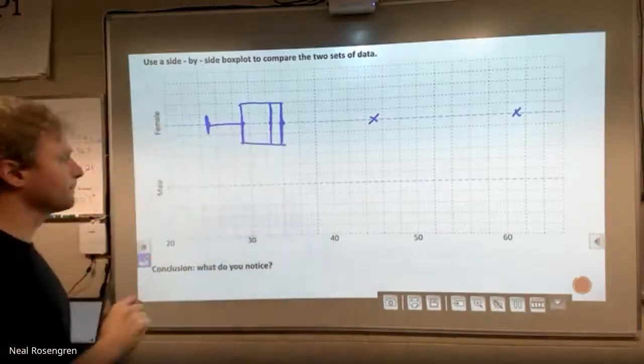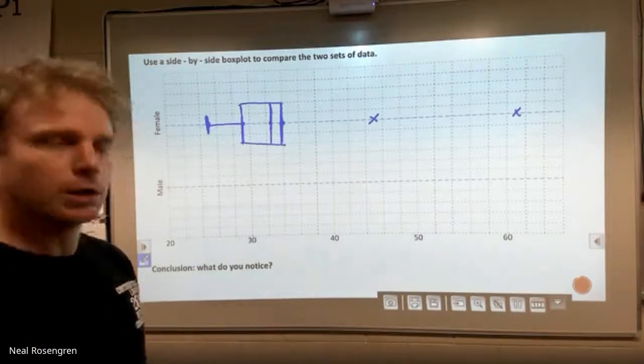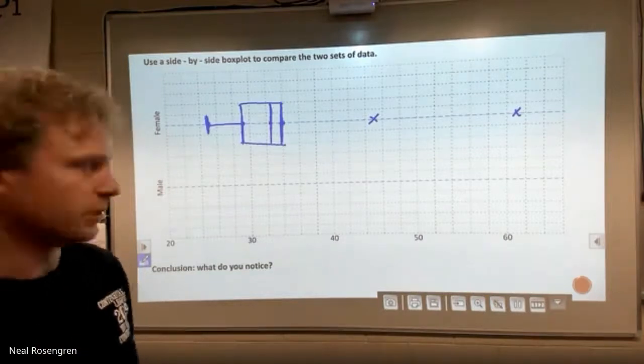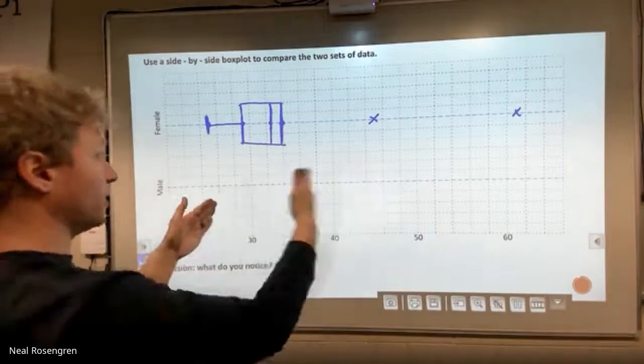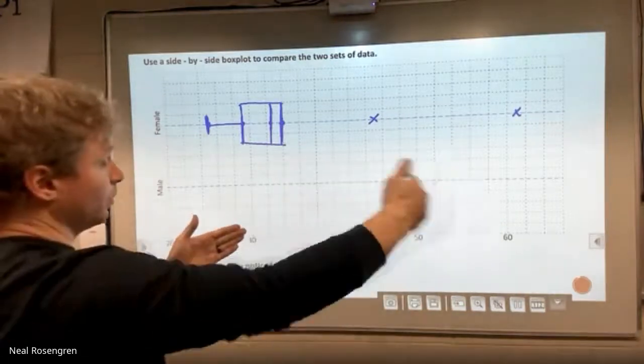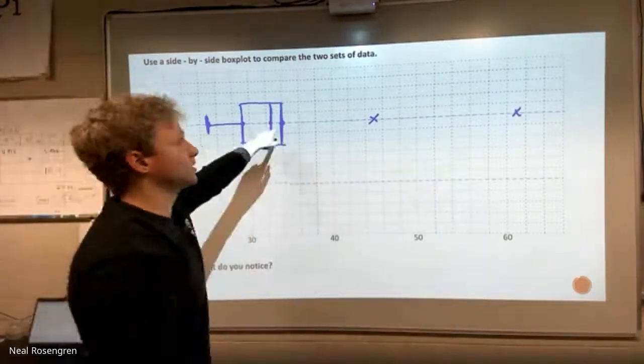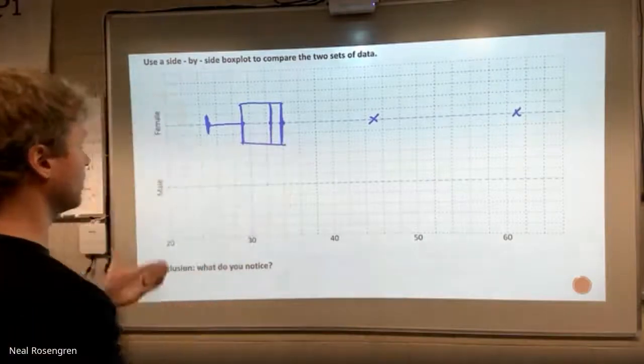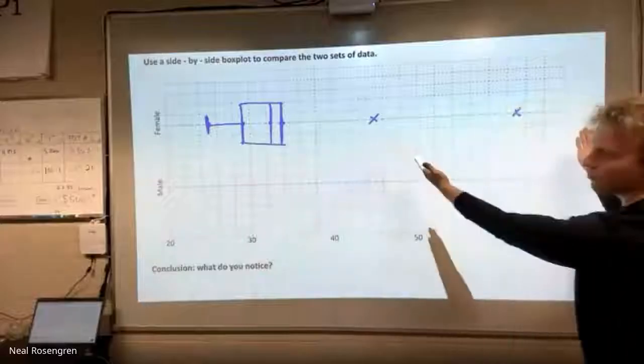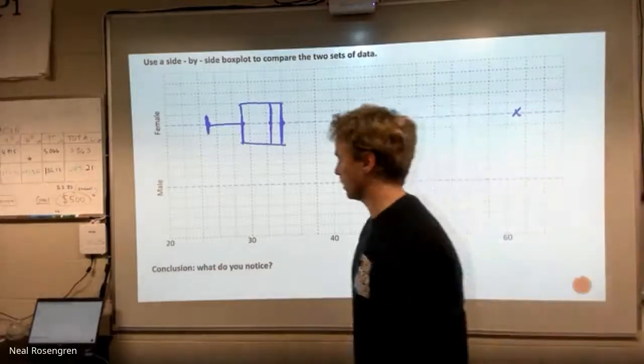So it looks like that. And if we don't draw that whisker, we know that Q3 and the max are the same. I can look at that and say, oh, there's no number out here with a whisker attached to it, so it must be the same. It's got to be kind of hidden in there. Look how far away the numbers are, right? So it makes sense that those were outliers.